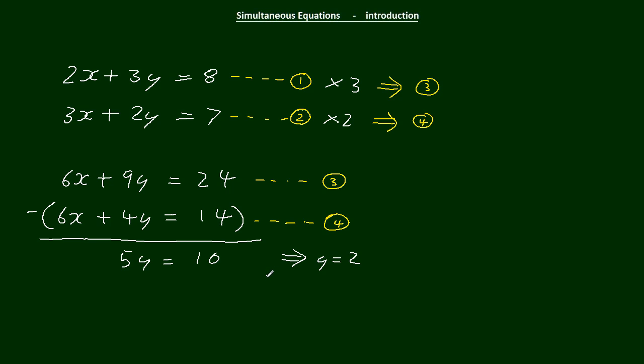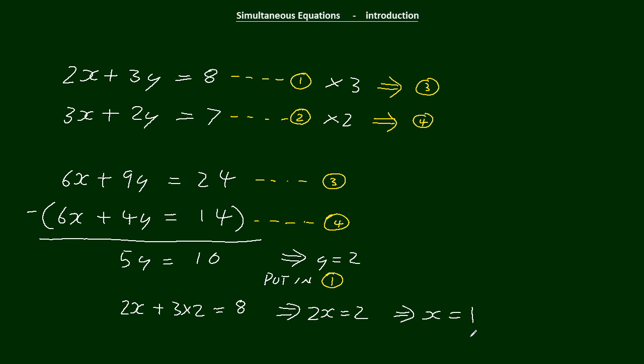And we'll put this in 1. 2x plus 3 times 2, which is our y value, equals 8. Well, that's 6. 6 from 8, 2. 2x equals 2. So x equals 1.